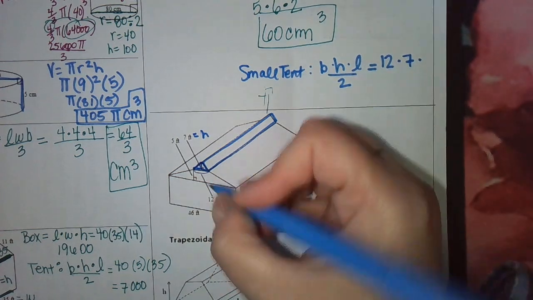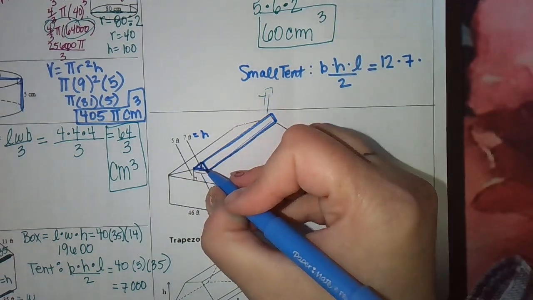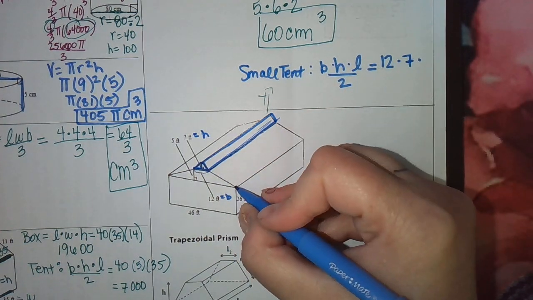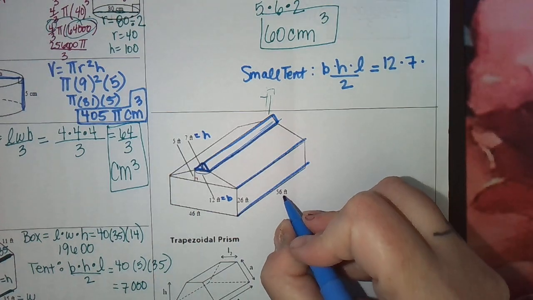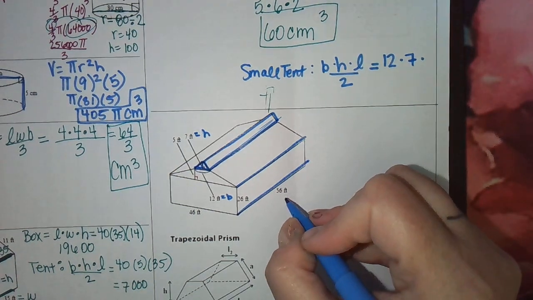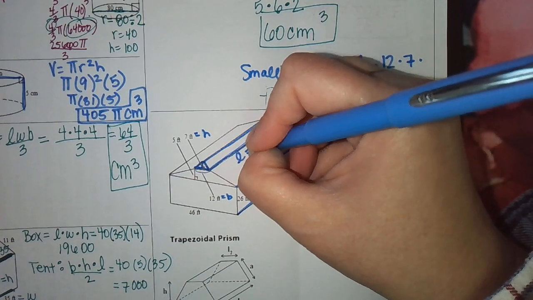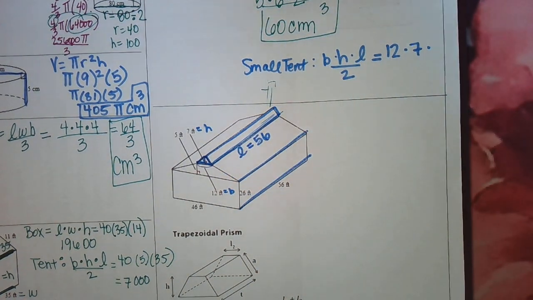And then the length, that's how far back we go, the same slant as down here on the right, 56. So my L is 56. This is 56 long, or feet.